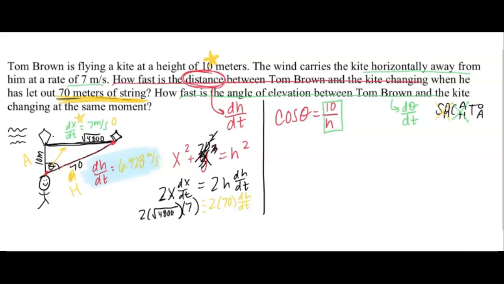I'm going to advise you to use tangent. Here's why. Tangent is the opposite side over the adjacent, so that opposite side I'm just going to keep as x, because the square root of 4800 is just one moment in time. It changes, so we want this to work for all x. But then the 10 is the constant here. And now this is a little bit friendlier because we can treat this as 1/10 x, and that is just a little bit easier to derive.